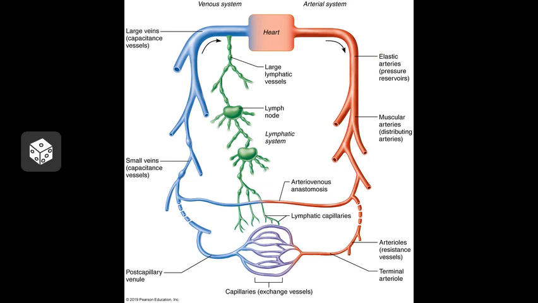So a big bolus of blood can be pumped out of the left ventricle into the aorta. The aorta will stretch to accommodate that sudden increase in volume, and then the elastic fibers in that tunica media, and tunica media here is mostly elastic fibers, will recoil and cause the aorta to return to its pre-stretched state.